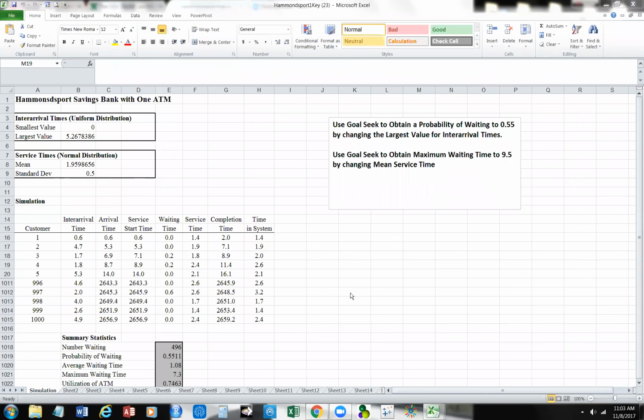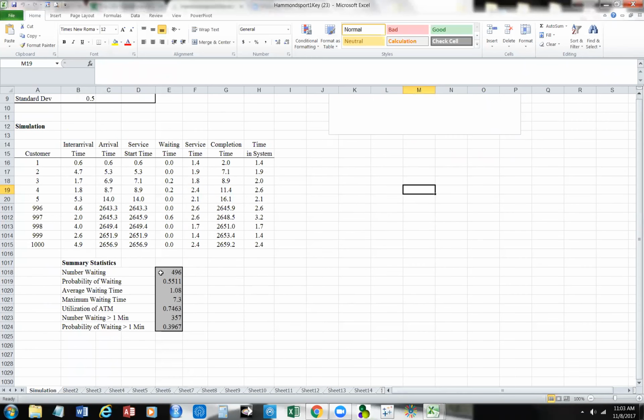Now we see this play out in simulation here in chapter 12. When you get over to chapter 13, you're going to see that as you learn about forecasting. Okay, so these are our outputs, here are summary statistics, and we use the COUNTIF function, giving a count if it's greater than 0, and then we have the probability of waiting, and that's the E1018 over 900 because we have 900 cases.